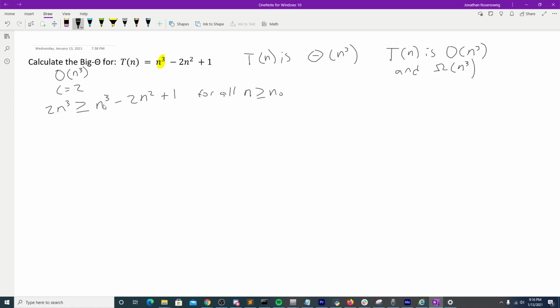So to simplify this equation, we can subtract n cubed on both sides, and we get n cubed is greater than or equal to negative 2n squared plus 1. And then we can move the 2n squared over.